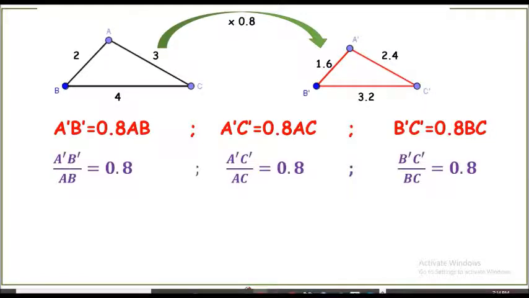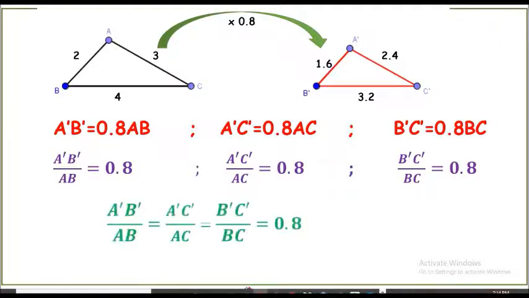A'B' over AB is equal to 0.8. A'C' over AC is also equal to 0.8, and similarly the last ratio, B'C' over BC, will also be equal to 0.8. So we can write that the three ratios are equal to 0.8.